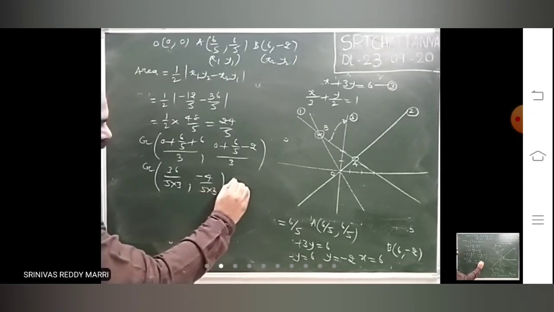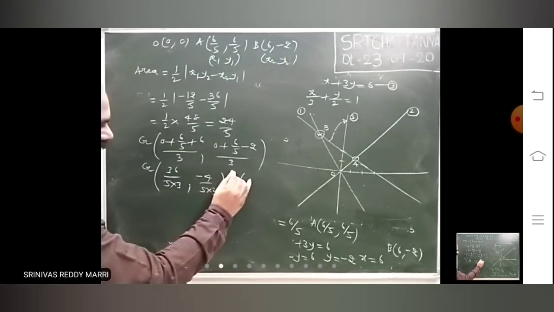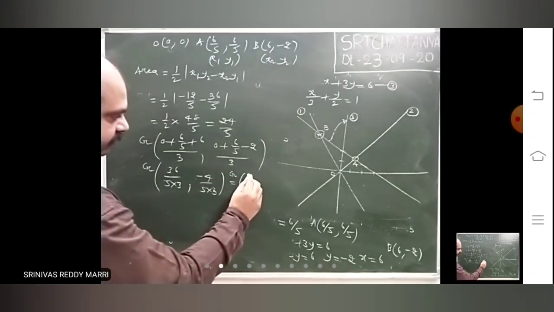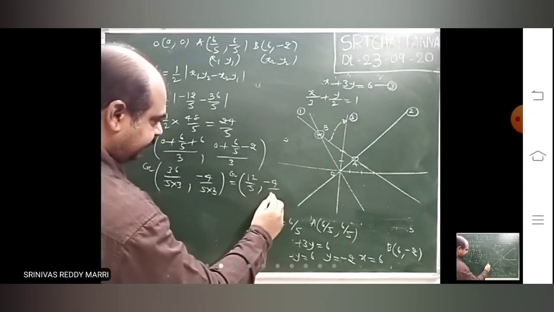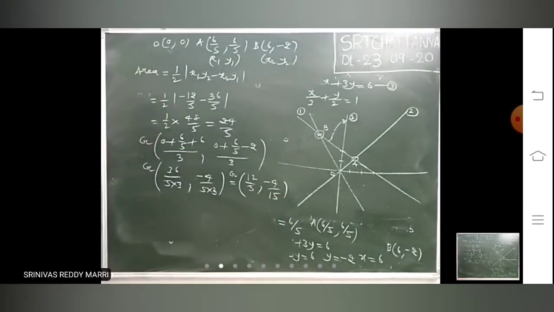You take the LCM. So that is nothing but the centroid: 12 divided by 5, minus 4 divided by 15.